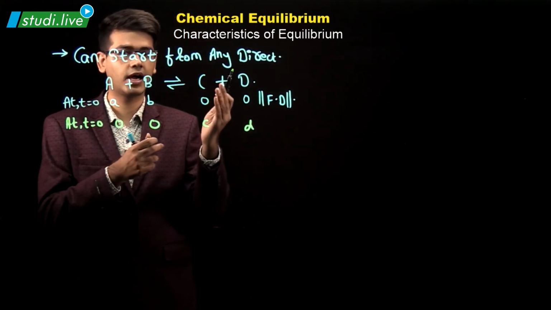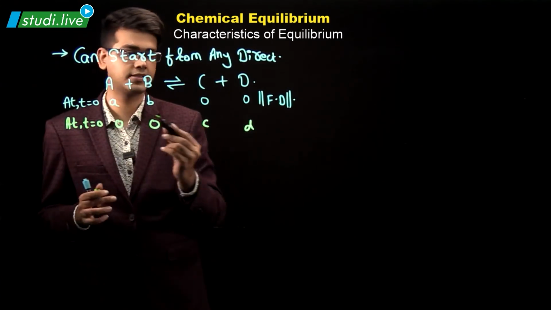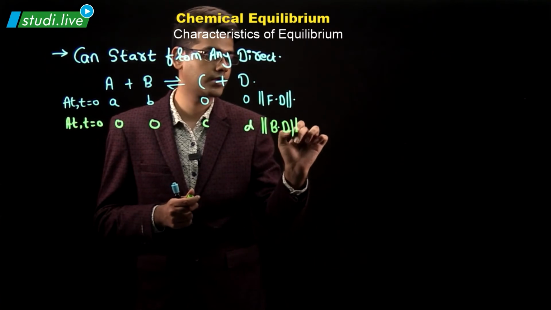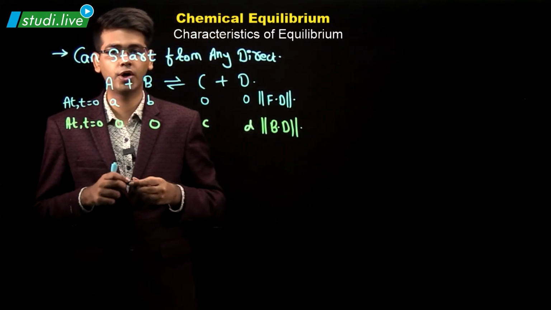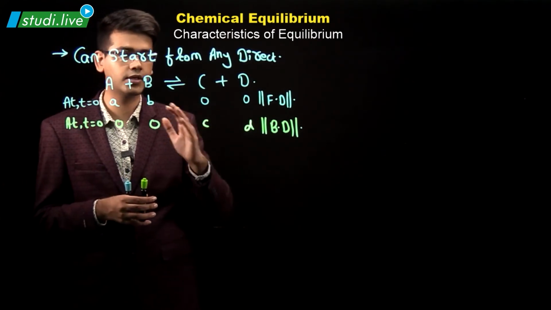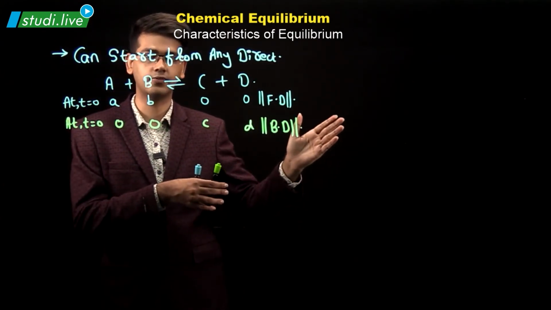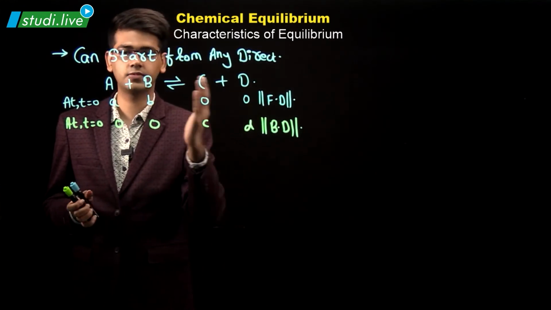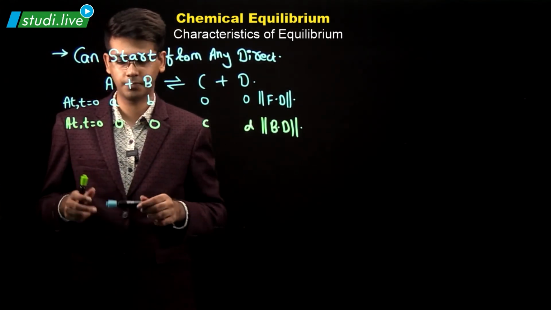Whenever the reaction starts from right hand side to left hand side, we say that the reaction has started in the backward direction. So this is a very important point with respect to any equilibrium reaction, that it can start from any direction. It can go from left to right, that is in forward direction, and can come from the backward side also, that is from C plus D to A plus B.